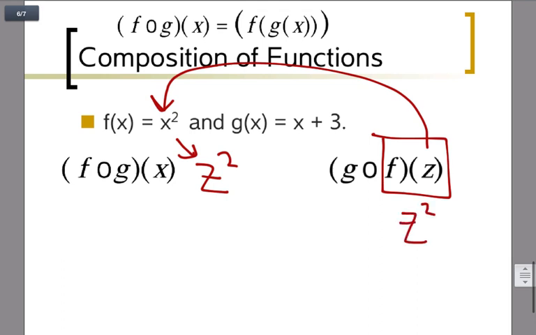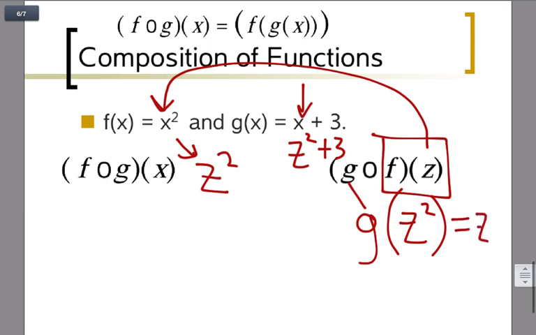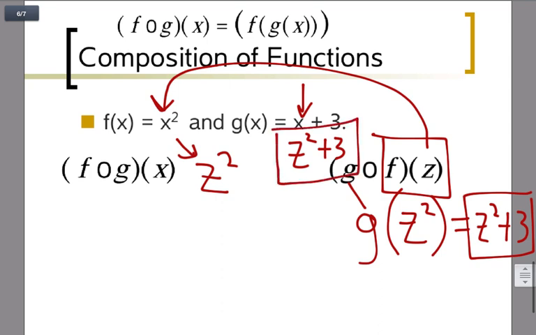So I take that solution and I plug it into the g function. Wherever there's an x in the g function, I replace it with a z squared. So it's just z squared plus 3. That means my answer is z squared plus 3. There's no simplifying I can do after that. Sorry if I confused you with the FOIL process, but you're not going to have that type of simplifying. So I have z squared plus 3 here. That's as far as I need to go with this function.